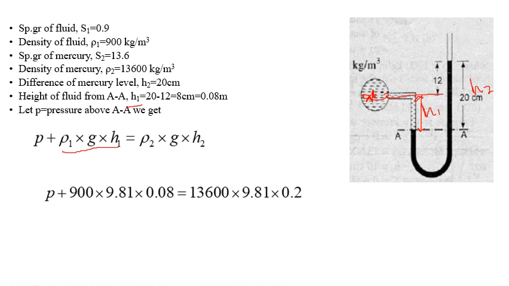In this, P is unknown. By simplification of these expressions we can find the pressure at the point in the pipe, which is equal to 25,977 Newton per meter square. Now I want to convert that into Newton per centimeter square, that is equal to 2.597 Newton per centimeter square. So this is the solution for the simple U-tube manometer.